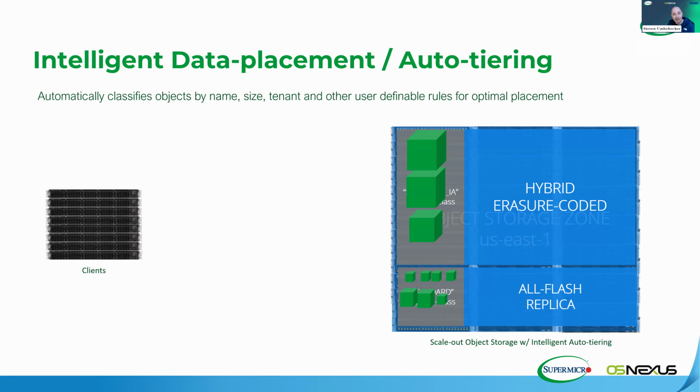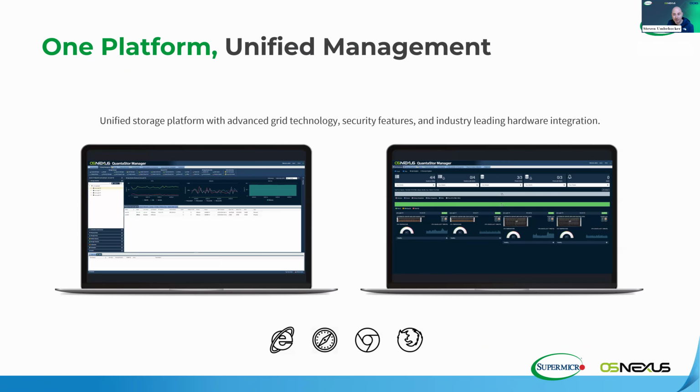But you can get real specific. You can say, hey, I want objects with this file extension or that match this regular expression to go into the flash tier. So depending on how you're looking to optimize, you can get quite fancy with optimizing the storage for AI workloads.